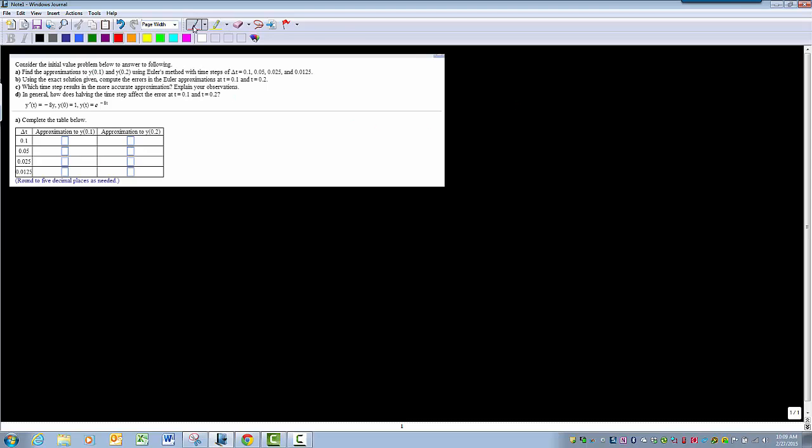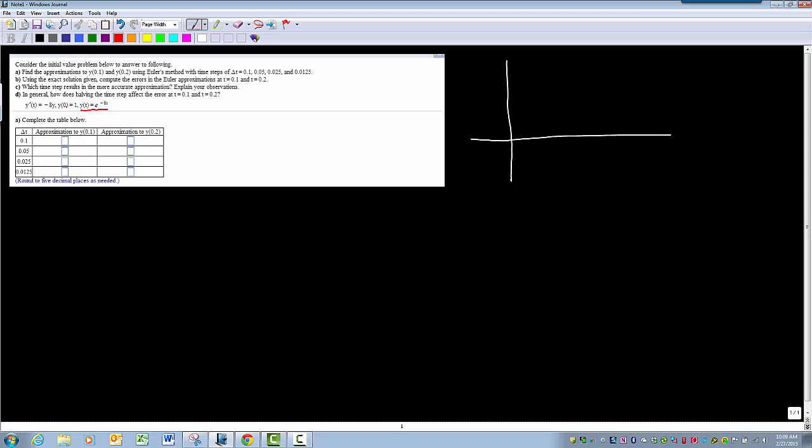So the idea is this: we have some unknown function. Let me go ahead and draw that out for you. Even though in this particular problem they give us the function, this piece right here would be unknown.